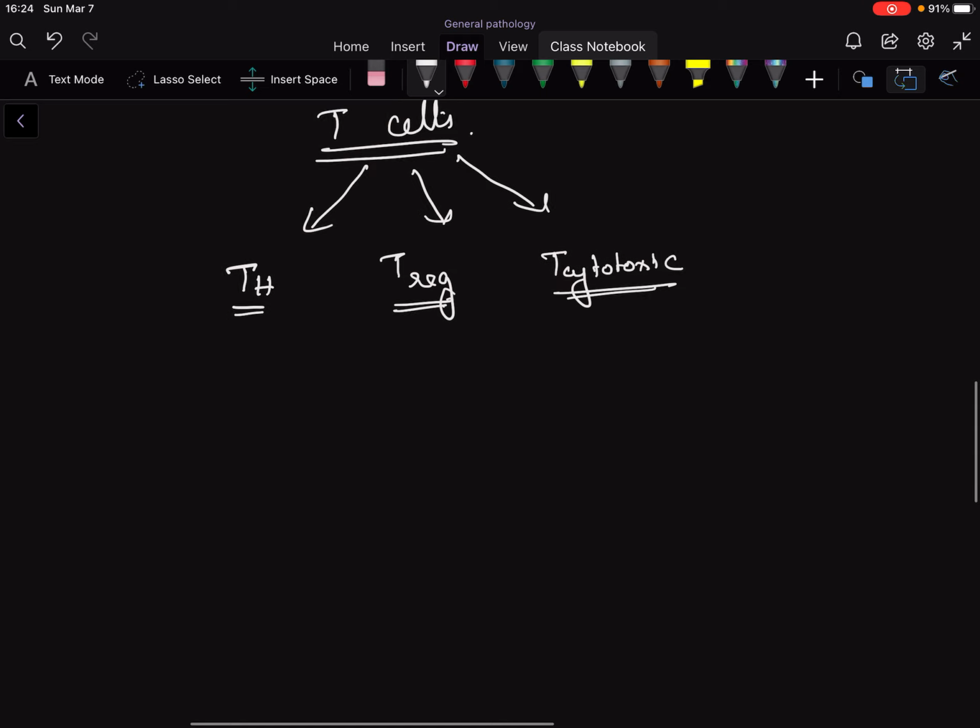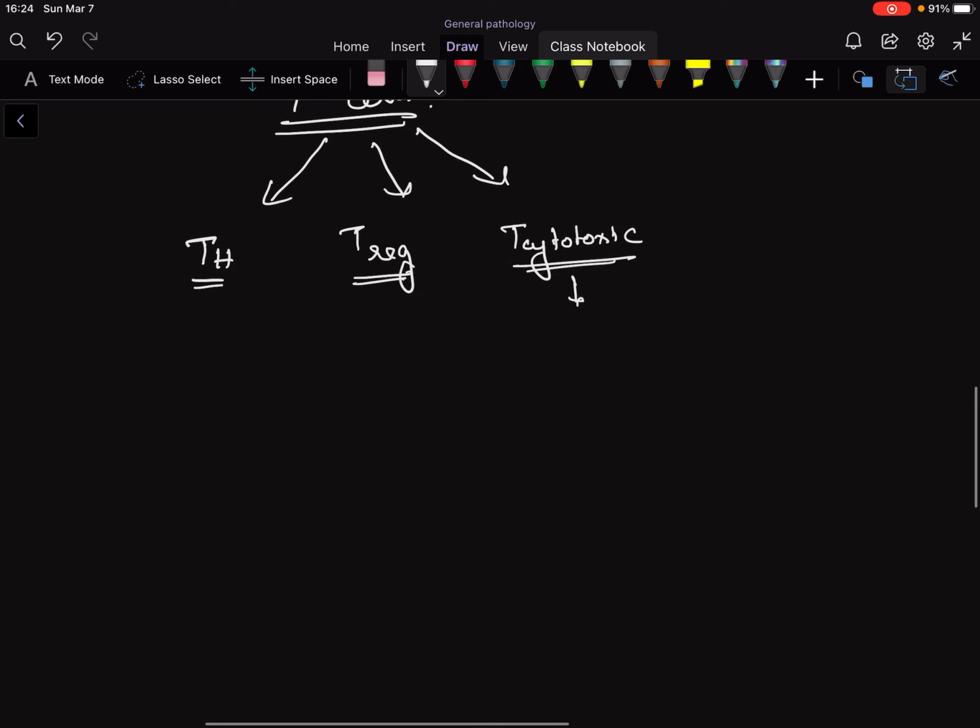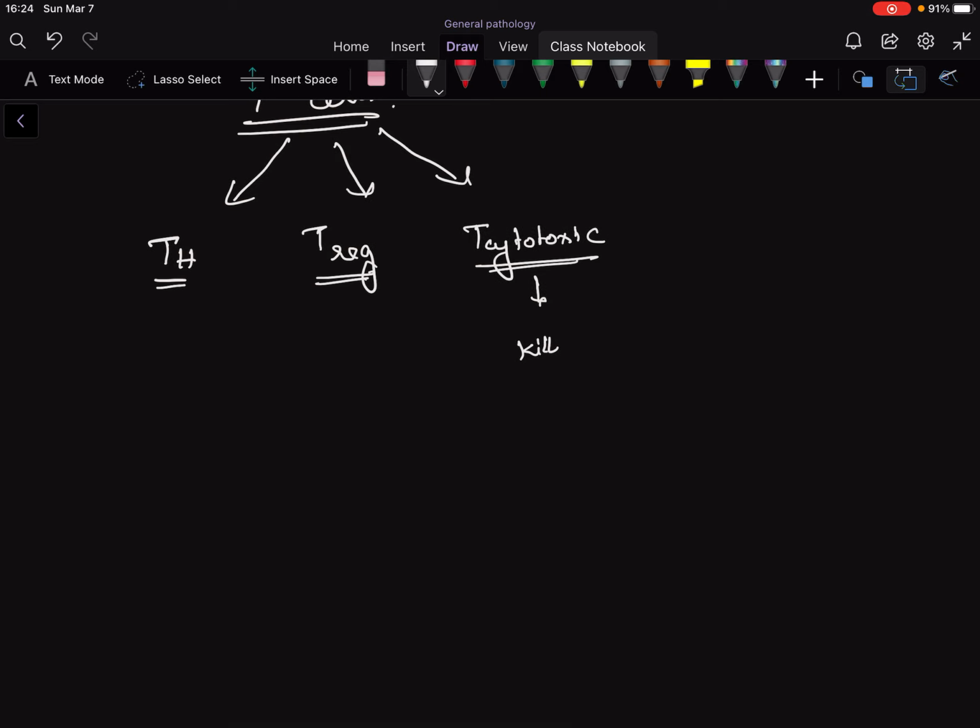Why are these called T cytotoxic? They will kill the cells. Cytotoxic means they are very toxic for the cells. That's why they are called T cytotoxic cells, and these kill the cells which are damaged or infected with viruses.